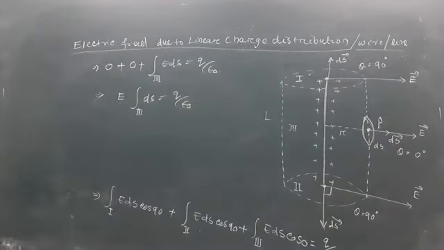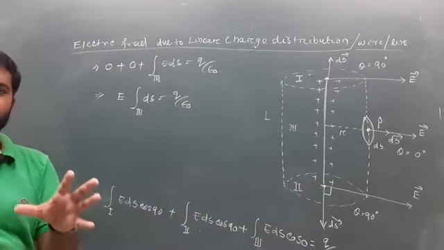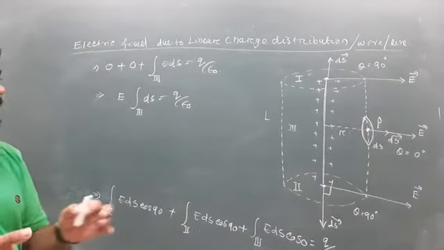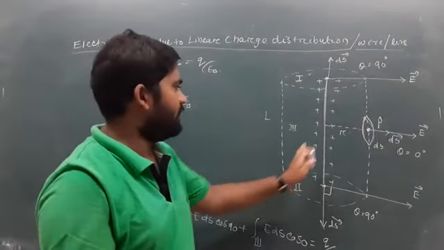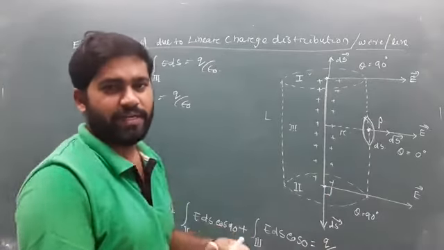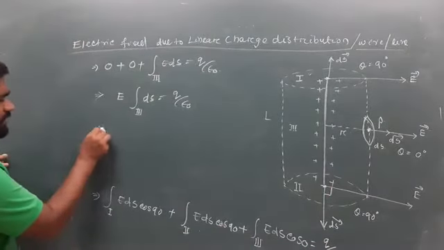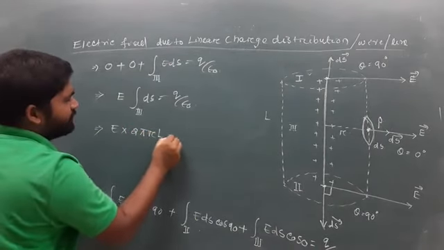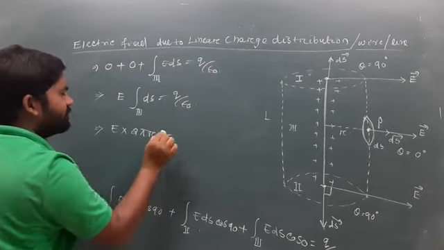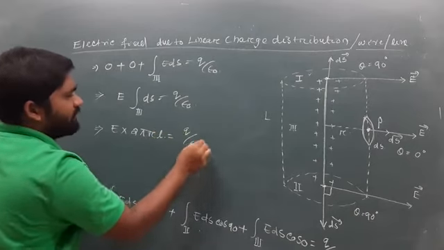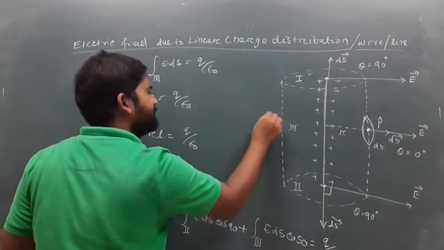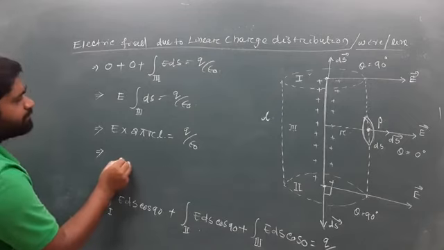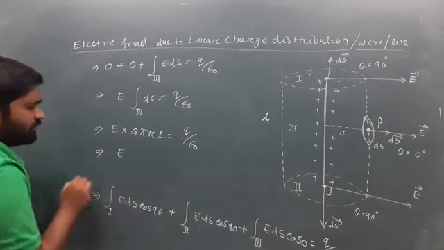What is the area of the curved region? What is the area formula for the curved region of a cylinder? Here we consider the cylinder has length L and radius R. The curved area is 2 pi R L. So E times 2 pi R L equals Q divided by epsilon naught. What do we want to find?